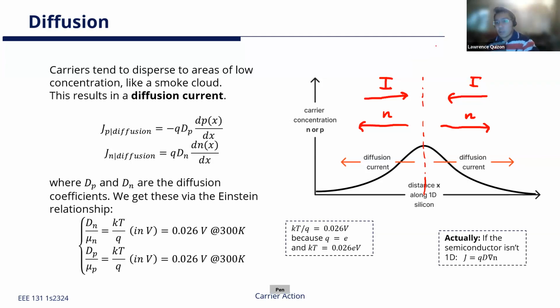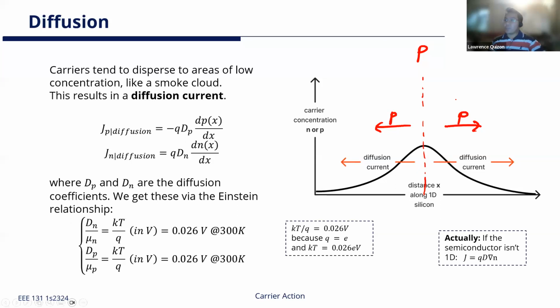Now, let's talk about holes. If these were holes, then diffusion will behave the same way. Things tend to diffuse to areas of lower concentration. So your holes will go here and your holes will go there. But since holes are positively charged, the current will go in the direction of the holes, right?